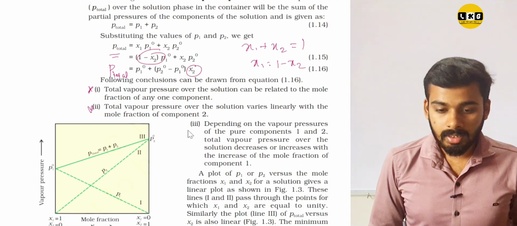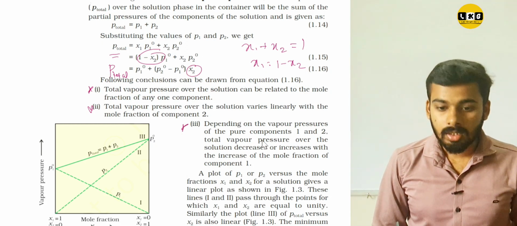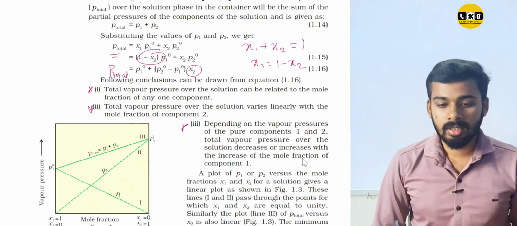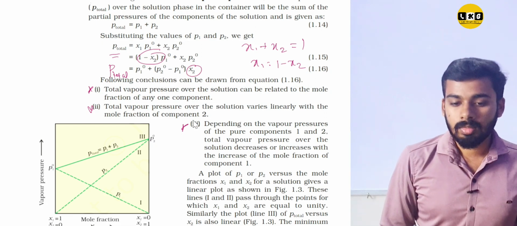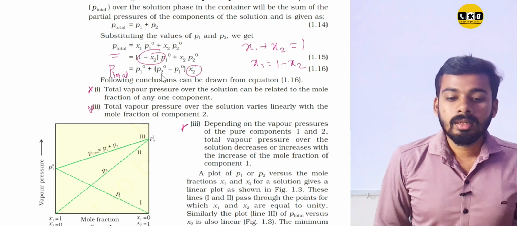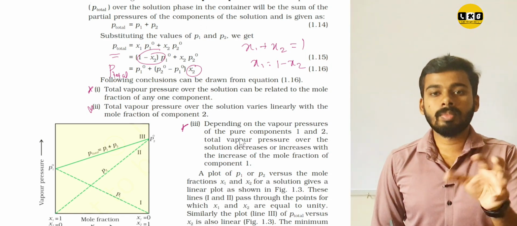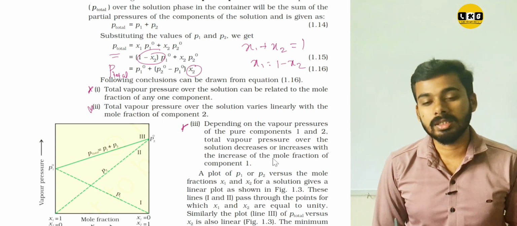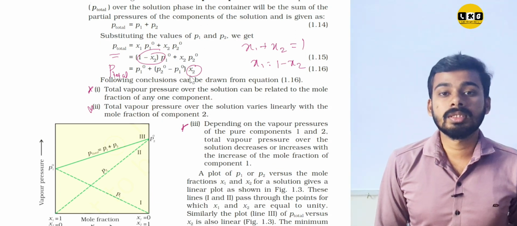Third one, depending upon the vapor pressures of the pure components 1 and 2, the total vapor pressure over the solution decreases or increases with the increase of mole fraction of component 1. With X2, P total always increases, but if you consider the mole fraction of the other component, it may decrease or increase. These are the three conclusions made from Raoult's law, this equation.